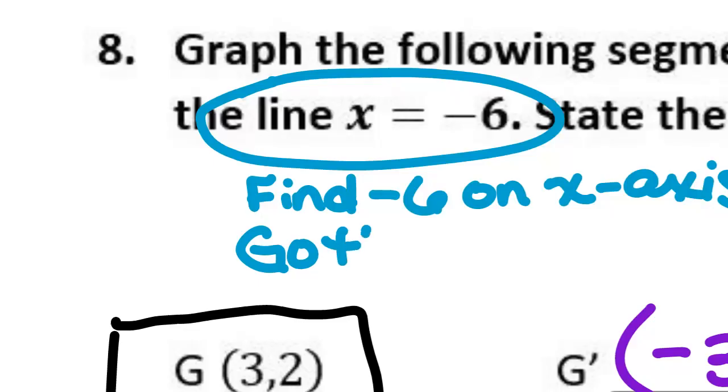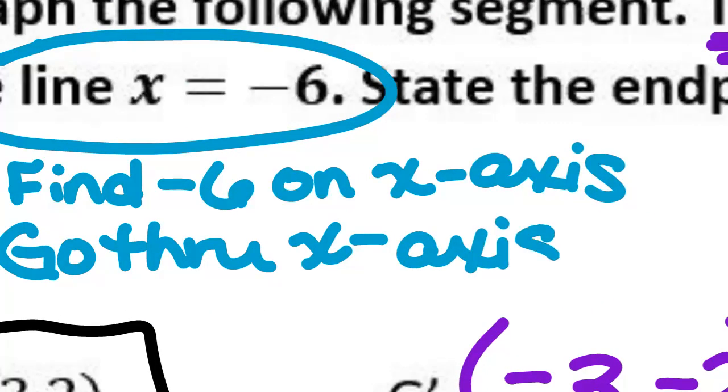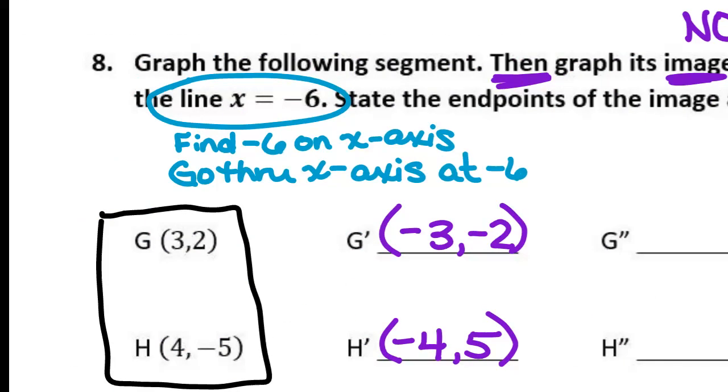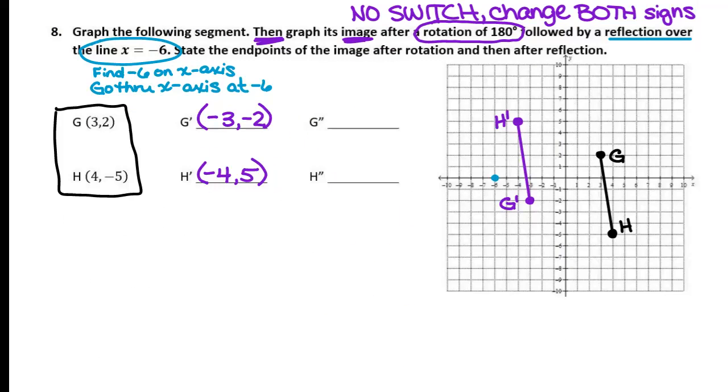And then we go through the x-axis at -6. So that means I have to go which way, vertically or horizontally? Do I go vertically? Vertically. I have to go vertically to go through that point and through the x-axis. If I go horizontally, it just traces right on top of the x-axis. And they didn't tell me to go over the x-axis.